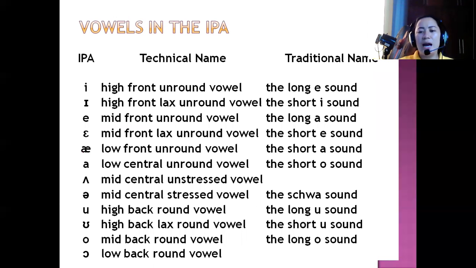So we have here the names. This is very systematic. For the technical, we have the high front tense unrounded vowel, the high front lax unrounded vowel. But for the traditional, we have the long E sound, the short I sound, the long A sound, the short E sound, the short A sound, and so on. Take note of these terms so you will not be confused.